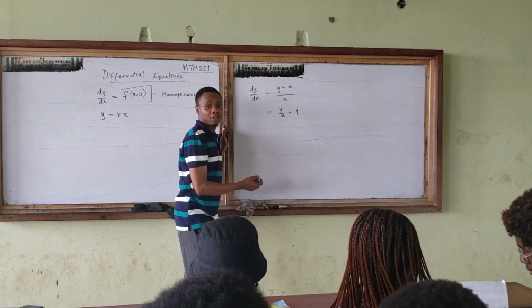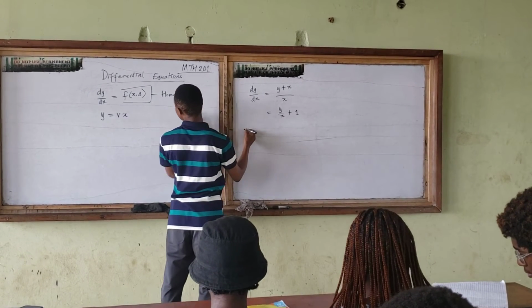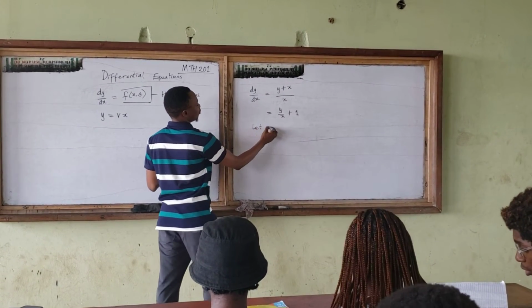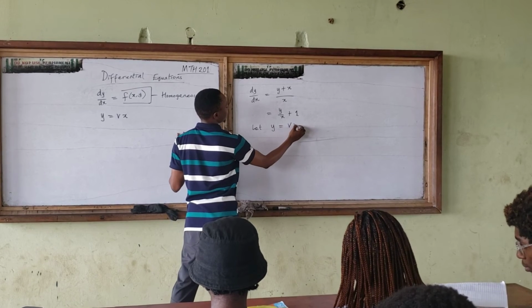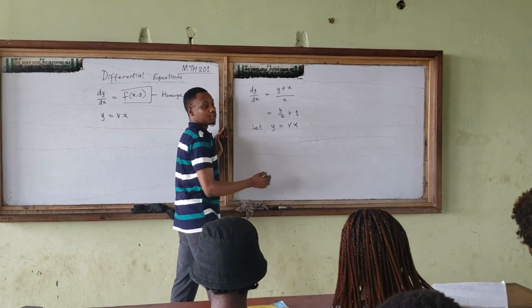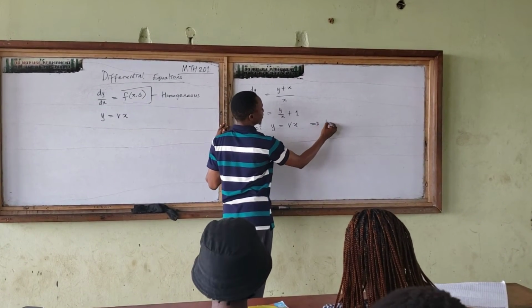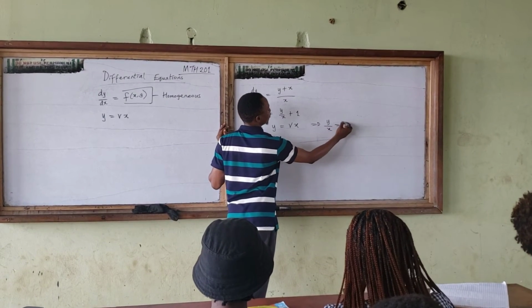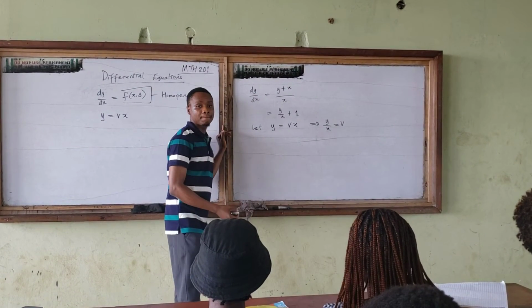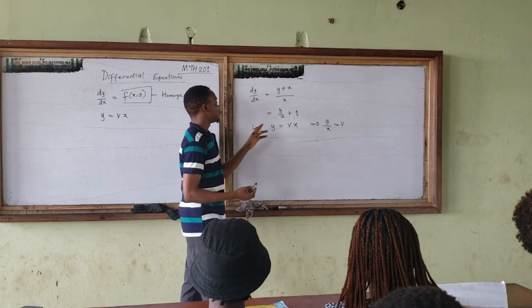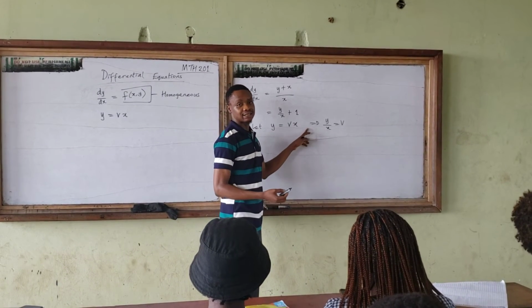Is that clear? Okay, so we can now say let y equal vx. If y is equal to vx, that means our y over x will be equal to v. Here v is some function that depends on x as well.